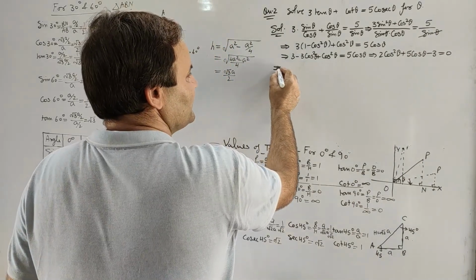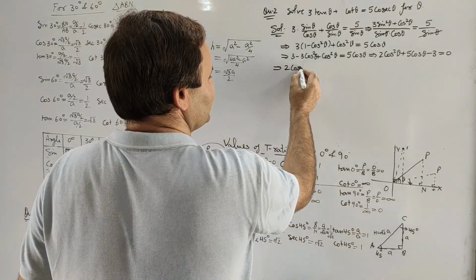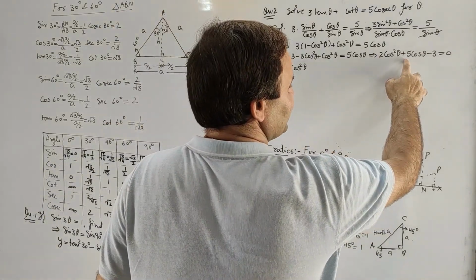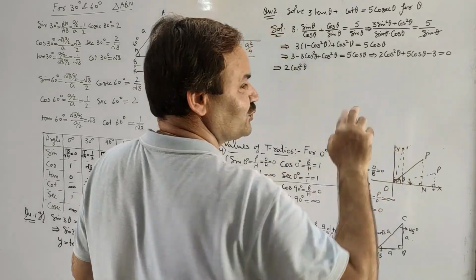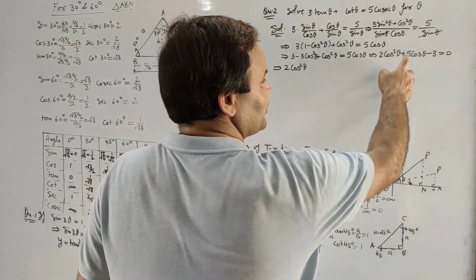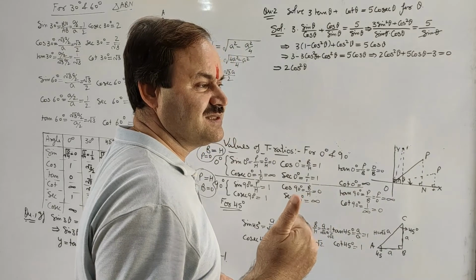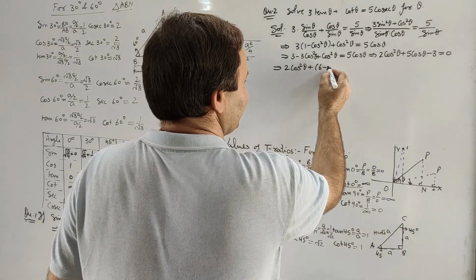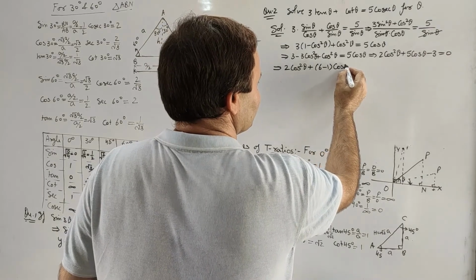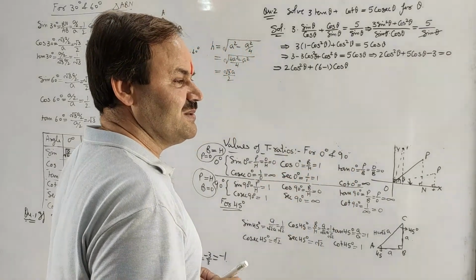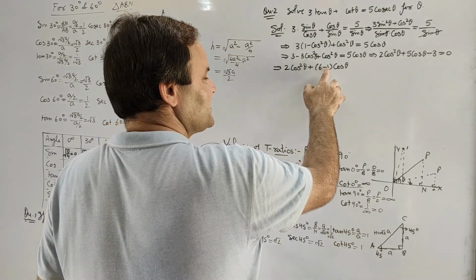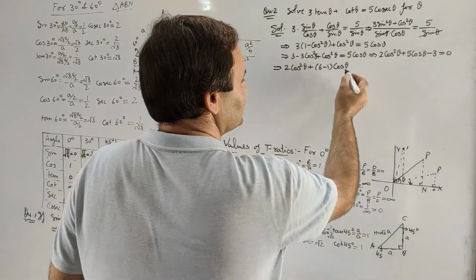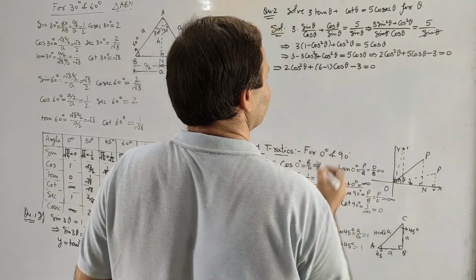So this will give 2 cos square theta, and 2 plus 3 is 5, but we require minus 3 into 2, that is minus 6. So the factors should be made with negative sign, hence plus 6 minus 1 cos theta. 6 minus 1 will be 5, and the product of 6 and minus 1 will be minus 6, because we require minus 6 as the product. Minus 3 equal to 0.